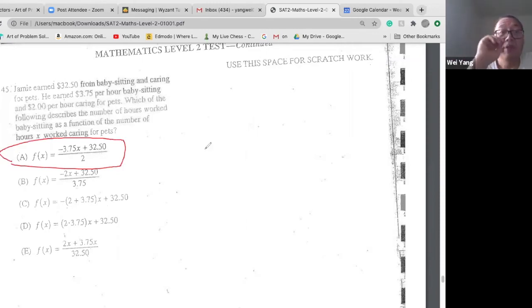From babysitting and caring for pets, he earned $3.75 per hour babysitting and $2 per hour caring for pets. Which of the following describes the number of hours worked babysitting as a function of the number of hours x worked caring for pets?